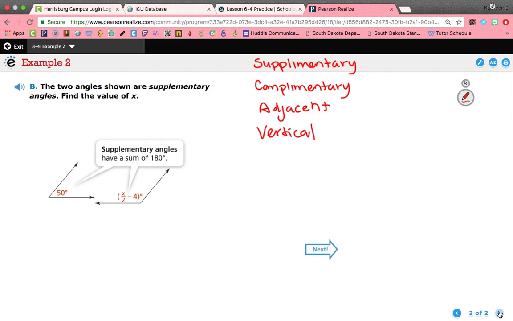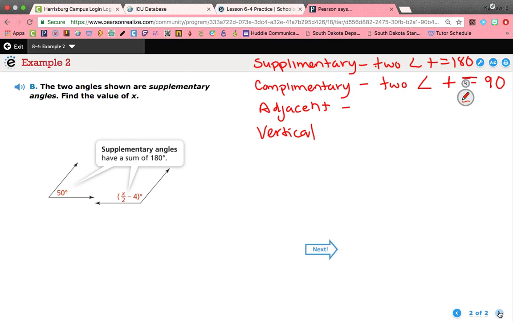Okay, complementary meant that two angles add to equal 90. Okay, supplementary, it says they have a sum of 180, so two angles add to equal 180.